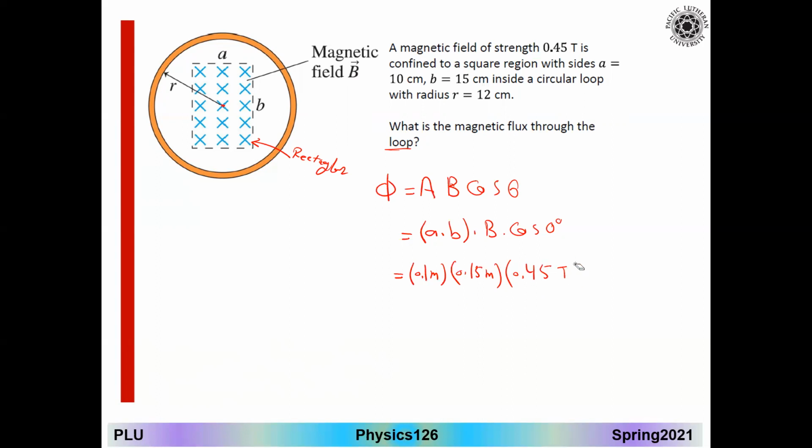Sorry about that. And this number seems to be 6.8 times 10 to the minus 3 Weber. What about the direction? Into the page, the same direction as the magnetic field.